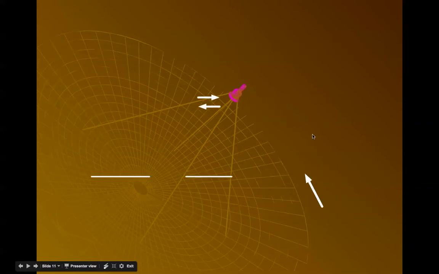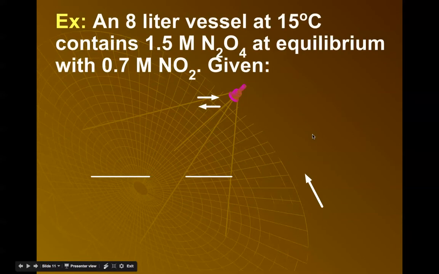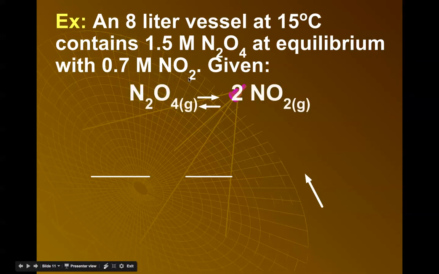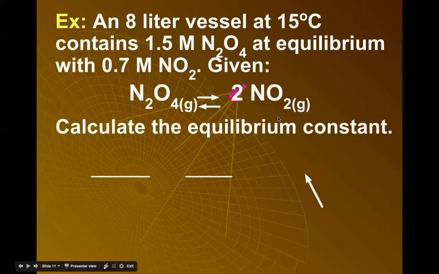Now let's look at one involving actual measurements. An 8-liter vessel at 15 degrees Celsius contains 1.5 molar N2O4 at equilibrium with 0.7 molar NO2. Here's the equation that shows the relationship between those 2 substances. In order to do this, we start like before by writing the equilibrium expression.